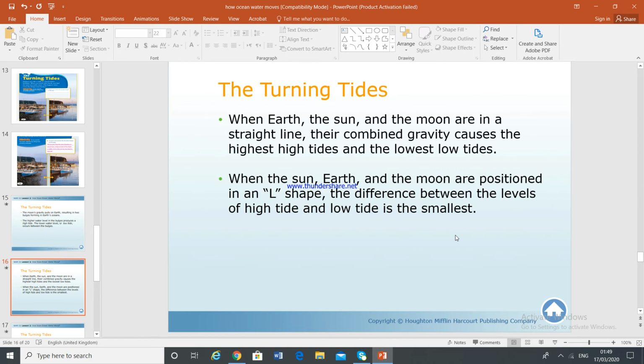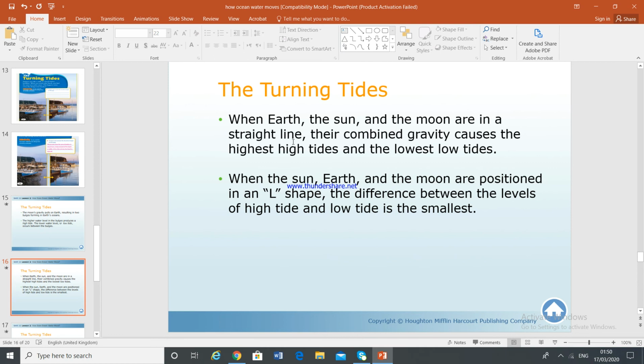Now, lastly, when the Earth, the Sun, and the Moon are in a straight line, their combined gravity, okay, normally they're not in a straight line, but when they come into a straight line, they cause the highest high tides and the lowest low tides. If the tides are low, it will be the lowest low tide.